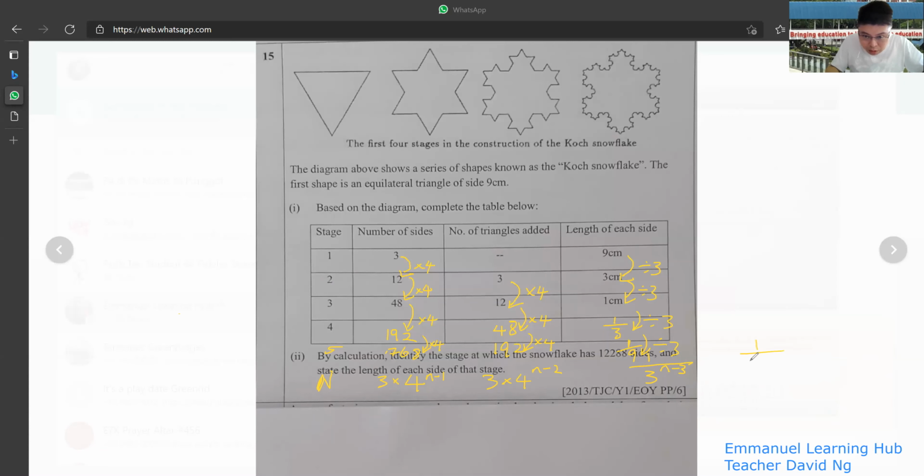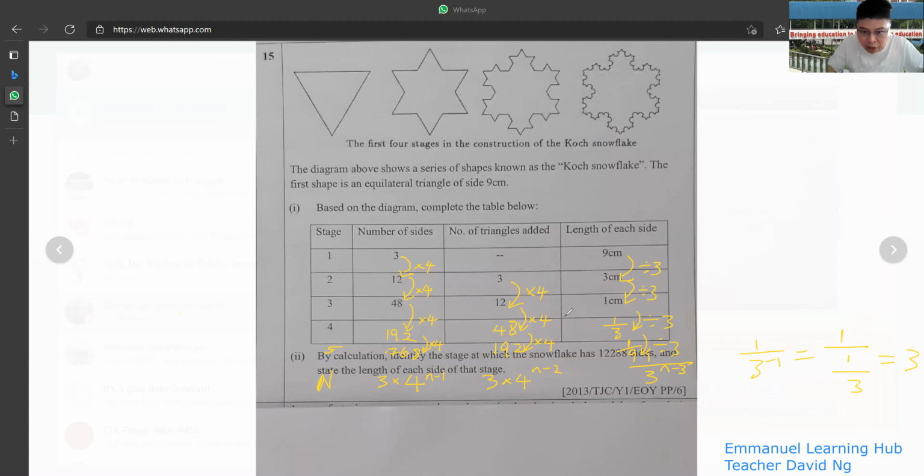So I end up with 3 to the power of minus 1, which is 1/3. 1 divided by 1/3 is actually 3. So it's correct. The vaccine passes stage 2 testing.